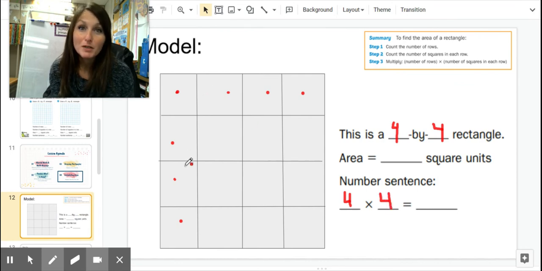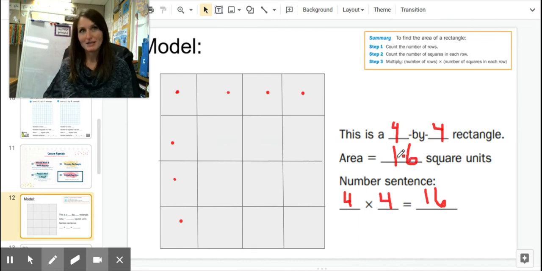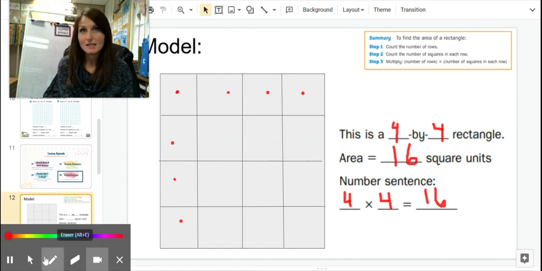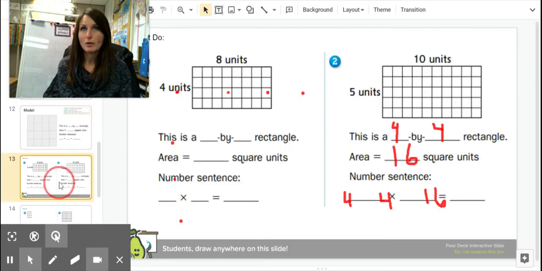And remember, 4 times 4 was 16. I used my helper fact 5 for that. Or for today, we can count. 1, 2, 3, 4, 5, 6, 7, 8, 9, 10, 11, 12, 13, 14, 15, 16. So the area is 16 square units. So when I draw it, it's going to be 16, and when I count it already done, it's going to be 16. I'm going to say 4 by 4 rectangle.